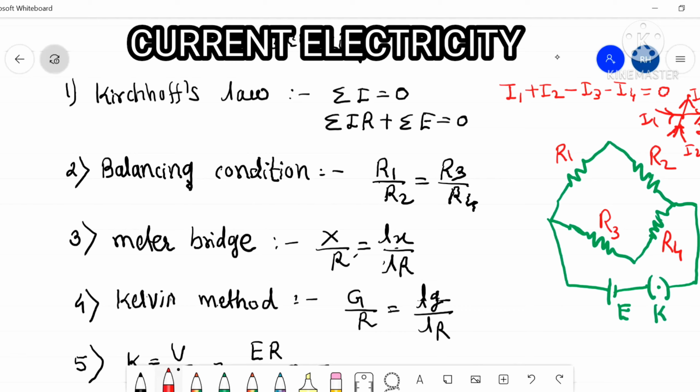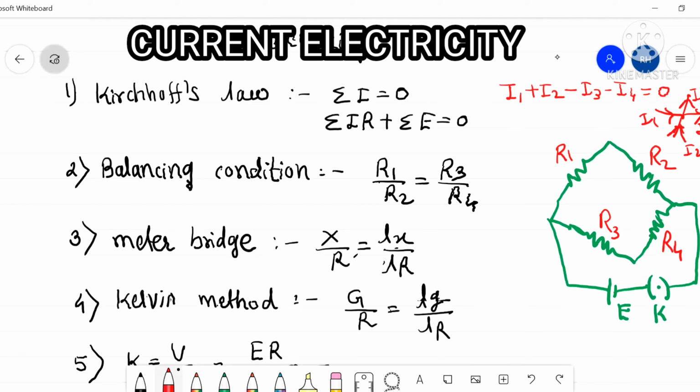If there are two batteries, E1 plus E2. If there are resistances R1 and R2 connected, then taken as I1 R1 plus I2 R2. Like that you can expand this second formula. Remember, in Kirchhoff's law, if any circuit diagram is given and you have to find out any value, you can calculate the current in any branch of it.